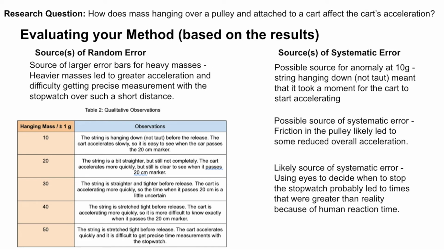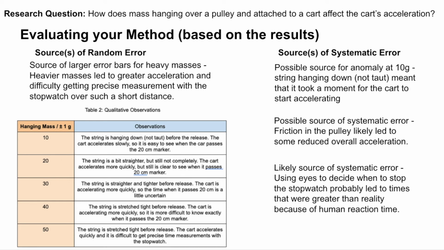When I released the cart and started the stopwatch, I did both of those at the same time. So I'm quite sure that I started them at the same moment. But the problem is, if I'm using my eyes to decide when to stop the stopwatch, there's some time before that message travels from my eyes to my brain, to my fingers, and stops the stopwatch. And so that causes a systematic error with times that are larger than they should be.